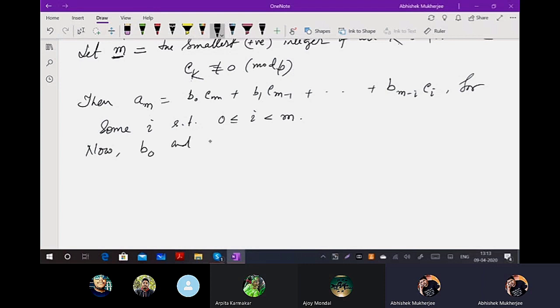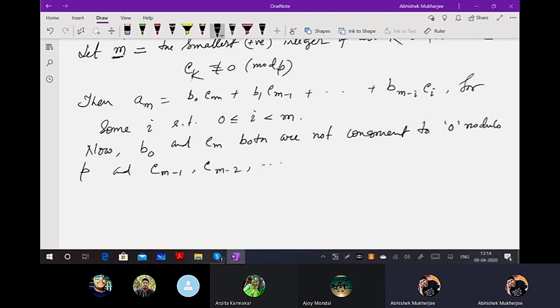Now b0 and cm are both not congruent to 0 modulo p, and all other coefficients cm minus 1, cm minus 2, ci are all congruent to 0 modulo p.